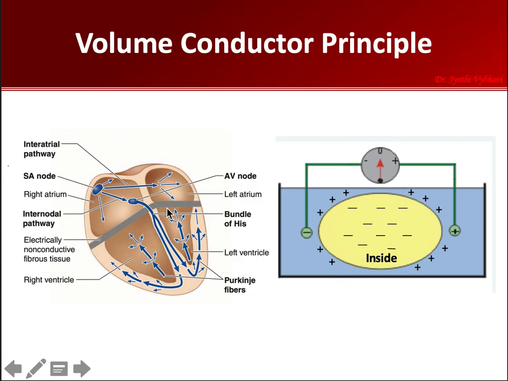Same happens in the heart. Whenever there is a depolarization, repolarization, there is an electrical field around the heart, and that electrical field is picked up by the body fluids and the electrodes. And these electrodes we have connected to a galvanometer which shows there is electrical activity, showing negative or positive deflection. So the ECG works on this volume conduction principle.